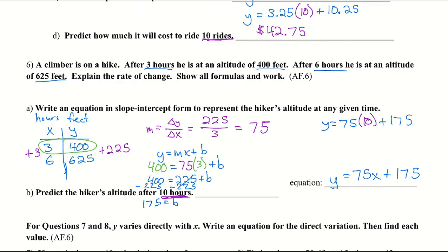I got y equals 925. So after 10 hours, it looks like we're going to have 925 feet. That is where our hiker would be.